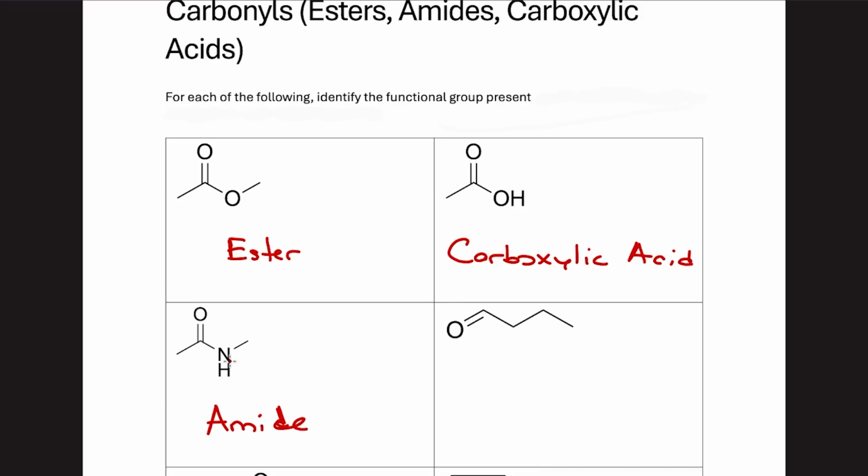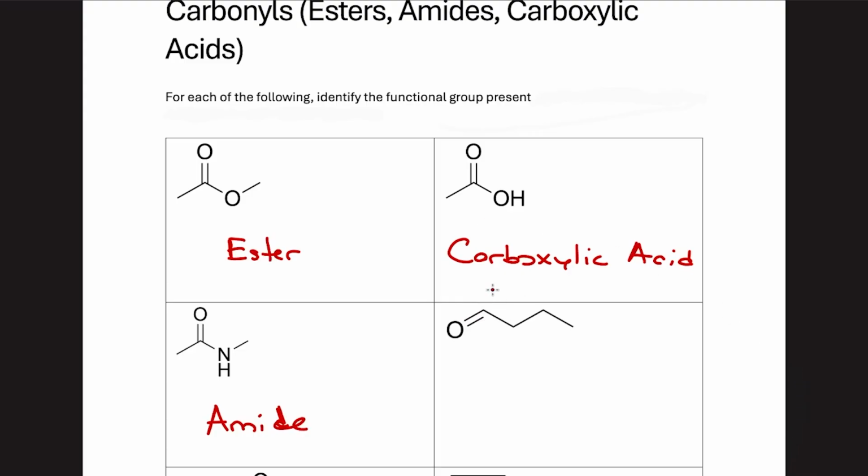But this will fuse very nicely with our next video where we discuss the nitrogen-containing compounds. And so this is one of them. It's kind of a Venn diagram. It's in the carbonyls category as well as the nitrogen-containing compounds as well.